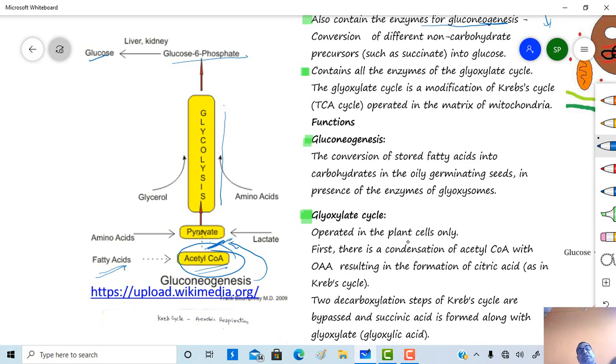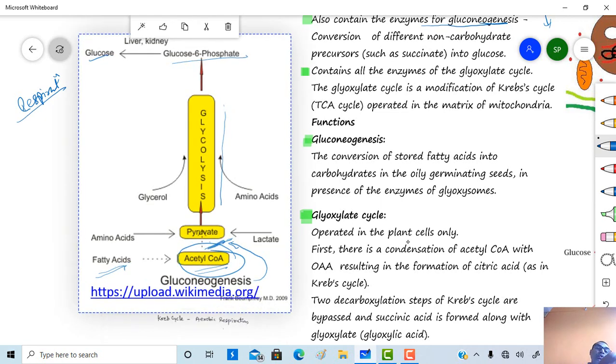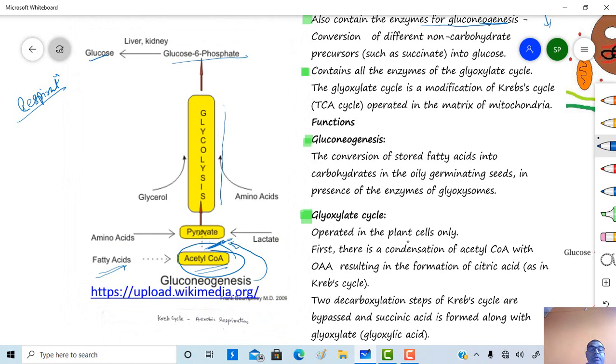Or if you see the reverse reaction, suppose this is the process of respiration. During respiration, glucose is converted into pyruvic acid by the process of glycolysis.